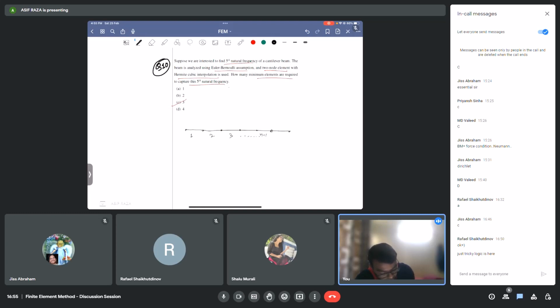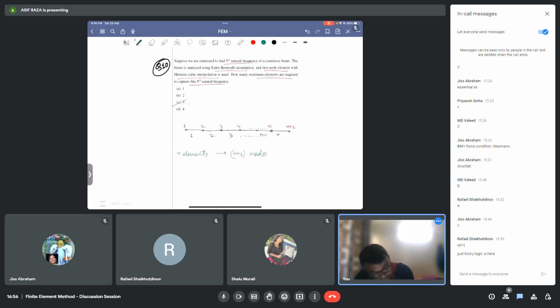So this is the n minus one element, this is the nth element. So we have n elements. How many nodes will be there? One, two, three, four, likewise it will go to n plus one. So when we have n elements, we have n plus 1 nodes.